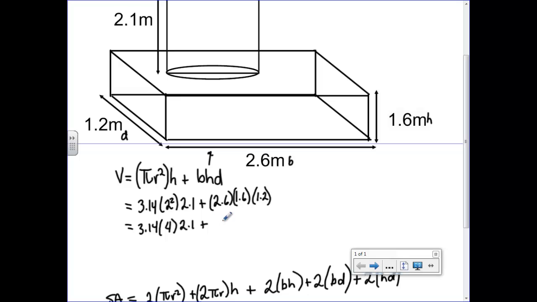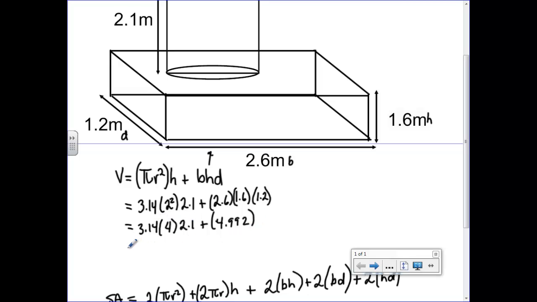I'm going to solve this part all at once on my calculator, though I'm not pulling it up on the screen for speed. 2.6 times 1.6 times 1.2 equals 4.992. I put it in brackets, but I don't really need the brackets there, so don't worry about that.